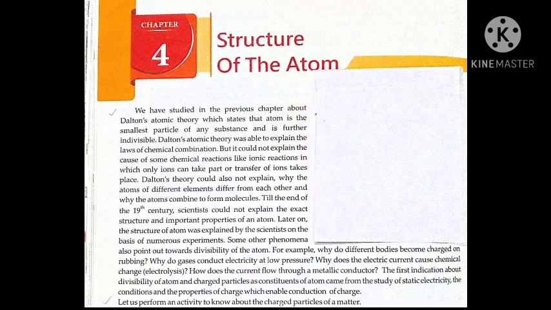Till the end of 19th century, scientists could not explain the exact structure and important properties of an atom. Later on, the structure of atom was explained by the scientists on the basis of various experiments.